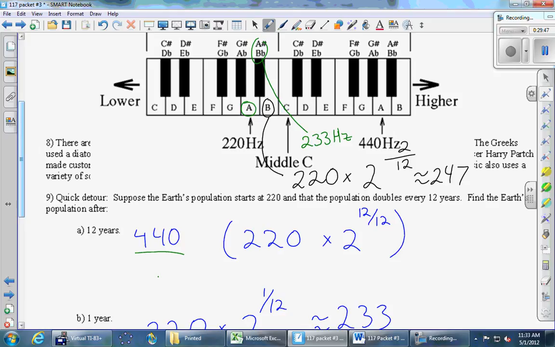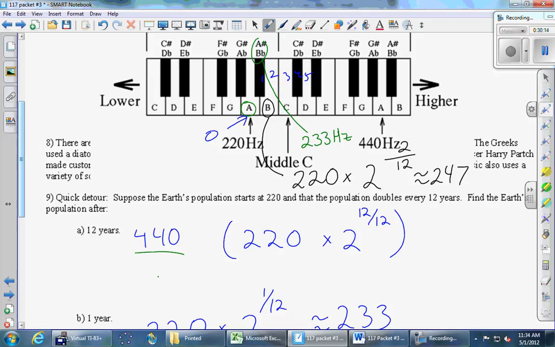It's 28 notes up. You found the population after 28 years. That's the frequency of the 28th note. Starting with A, which we're calling 0, if you just start counting up notes, 1, 2, 3, 4, 5, and keep going, you'll eventually land on the 28th key. What's the frequency of that 28th key? It's 1109.